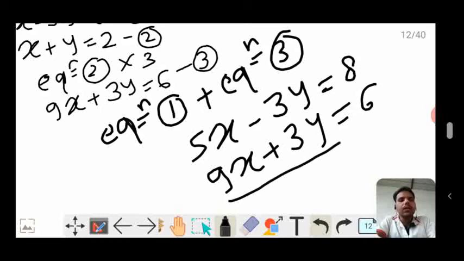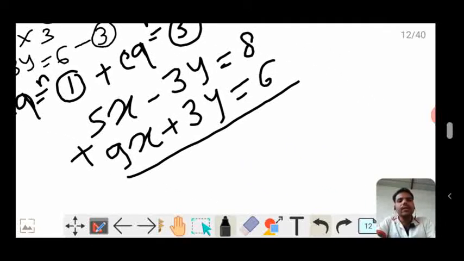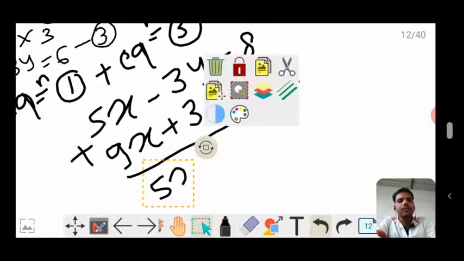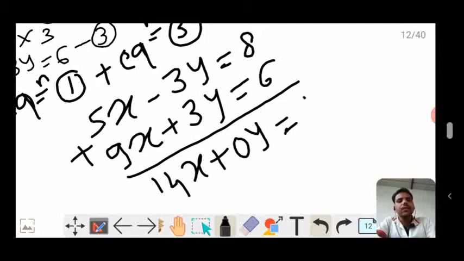So we add these equations. We get 5 plus 9, 14x, and minus 3y plus 3y gets cancelled. That is, we have eliminated the variable y. So here we can write 0y, and 8 plus 6 is 14.